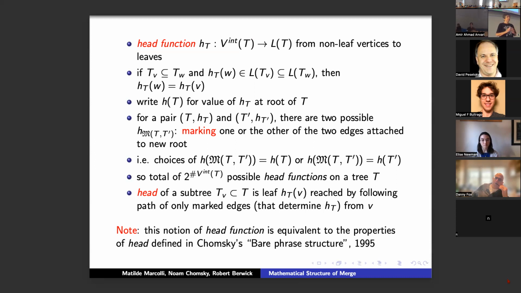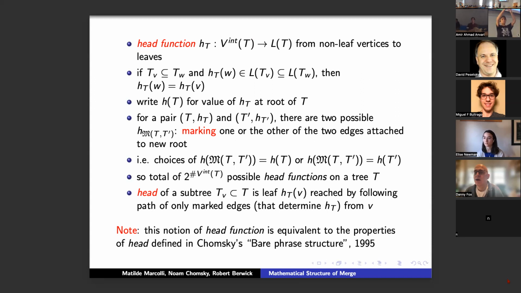And so first observation: this definition is equivalent to saying that such a function is an assignment. You imagine you have your tree, like my mobile from the first lecture that's hanging there by the root. Below each vertex, I have two strands, two edges, and I just decide that I'm going to color one of them white and one of them black. And I'm saying that a head function with the definition that I just gave is the same as making one such choice.